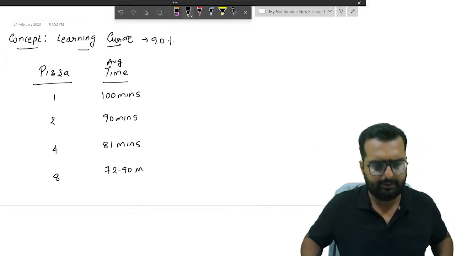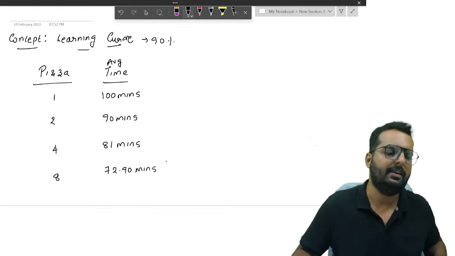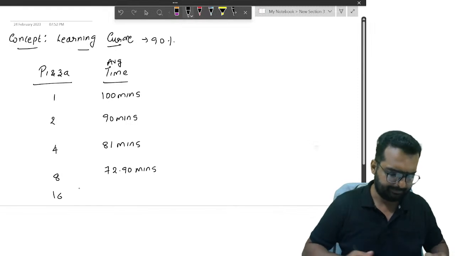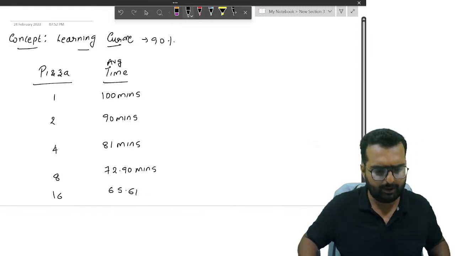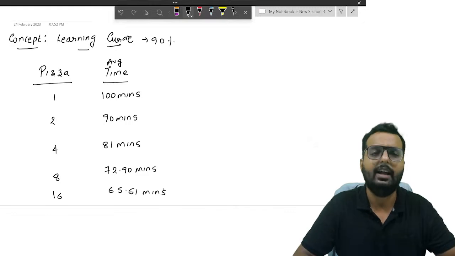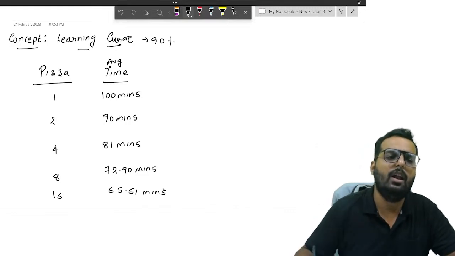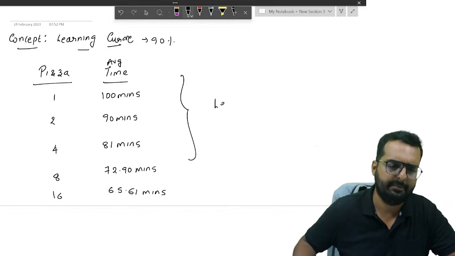That will turn out to be 72.90 minutes. Like this, every unit you make, your time will go on reducing. 16 units, it will be 61.69 minutes. This whole curve is what you call it as the learning curve. I'll give you a minute, quickly write down this.